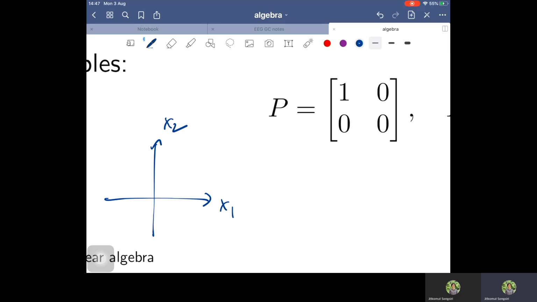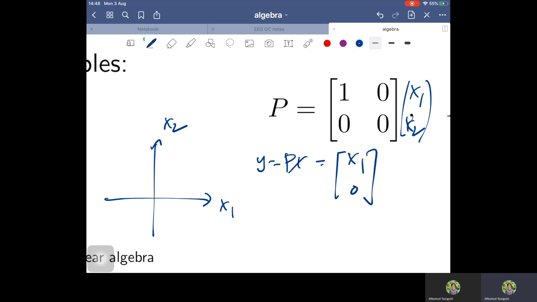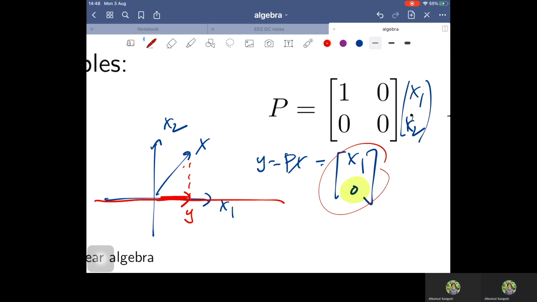If I sketch the plane x1 and x2, and I have a vector x with components x1 and x2, Px, which is y, is actually x1 and 0. So y equals Px is basically a projection of x onto the subspace that lies on the direction of x1.